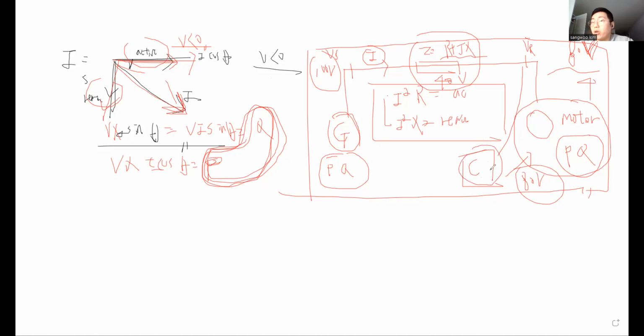It could be a capacitor or an inductor, a coil. Inductor or capacitor, this is called power factor modifying equipment.